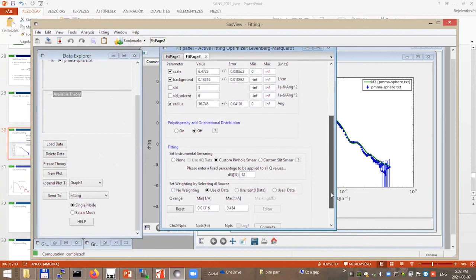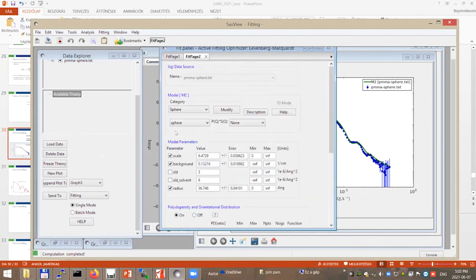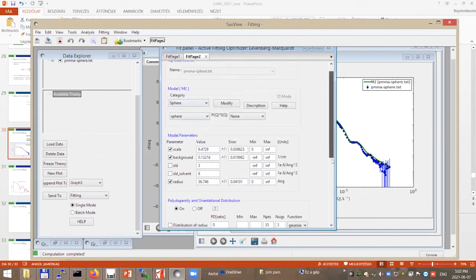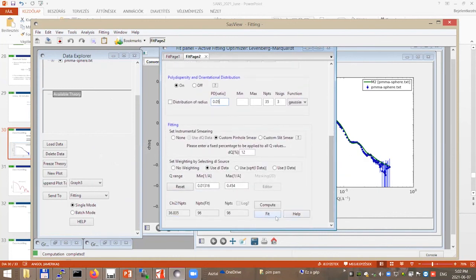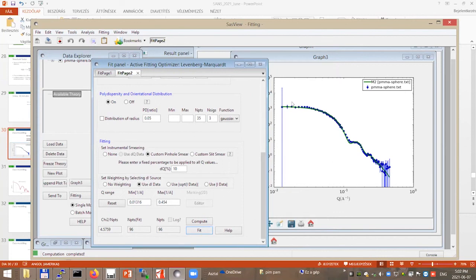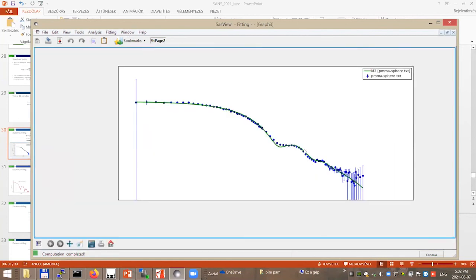Then we have a way to put it here, and we can impose, let's say, 5% of polydispersity. So the curve is again more or less okay.